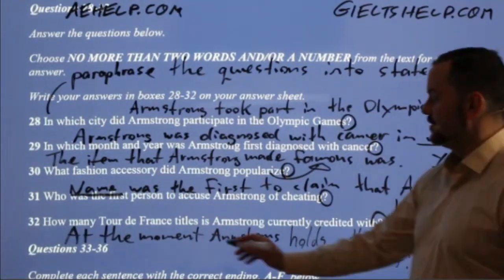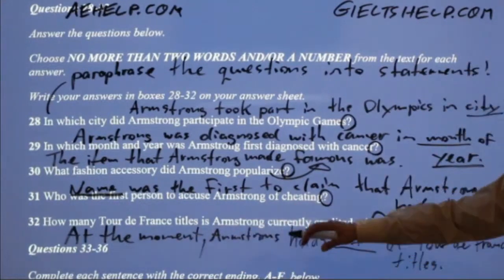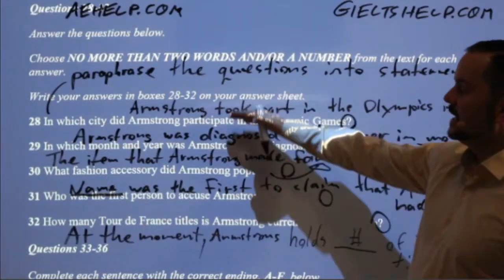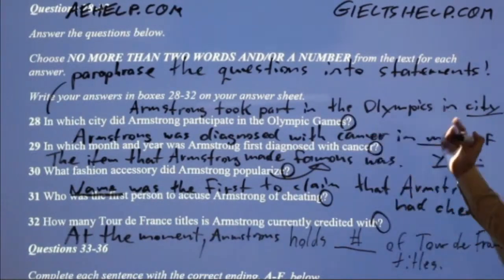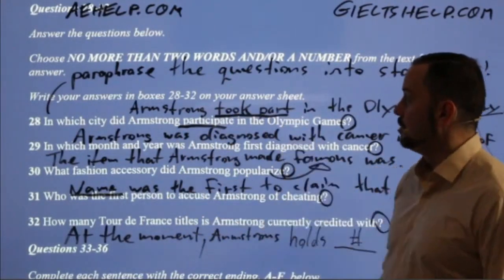So at the moment, comma, because it's a time expression, Armstrong holds this number of Tour de France titles. How many Tour de France titles is Armstrong currently credited with? Okay, so we've now taken all of these questions and we've changed them into statements, and we've paraphrased some parts, like instead of participate, we wrote took part.